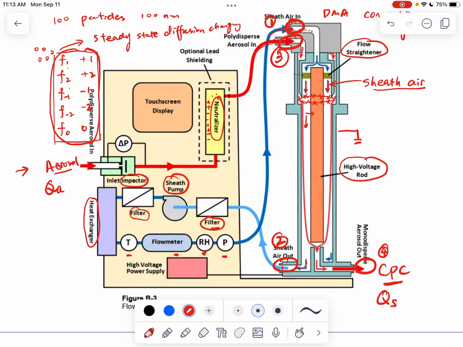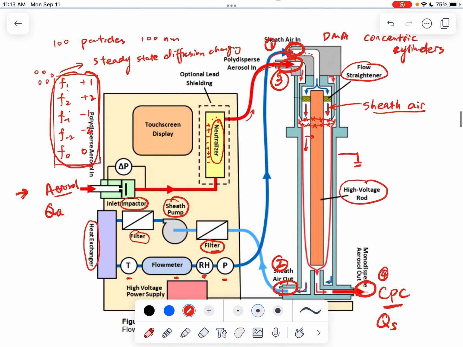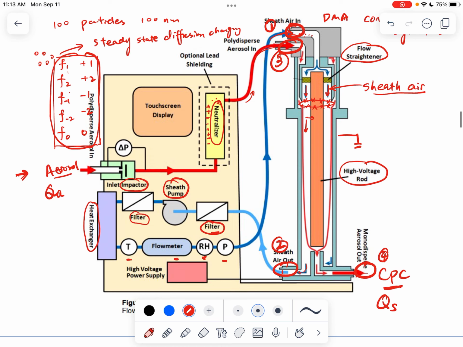Let's call it QS, Q sample. Okay, so because of that, you don't need any inlet pressure to push the aerosols inside. So the CPC will withdraw the flow, and since the sheath flow is balanced, it's going to withdraw the flow from here, and then eventually withdraw the flow from the outside, right?